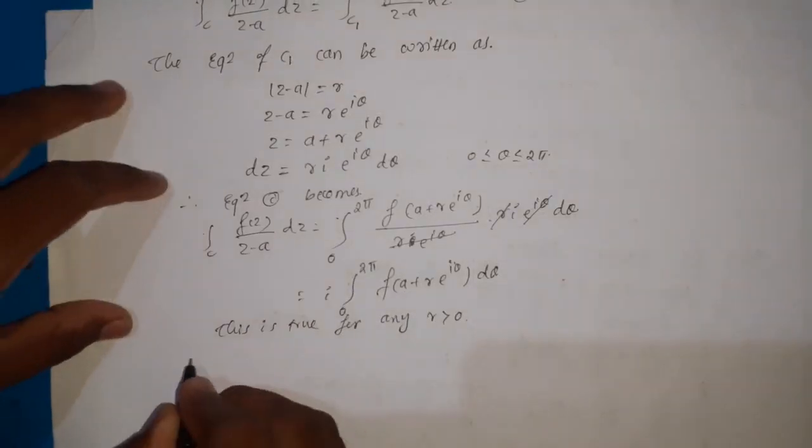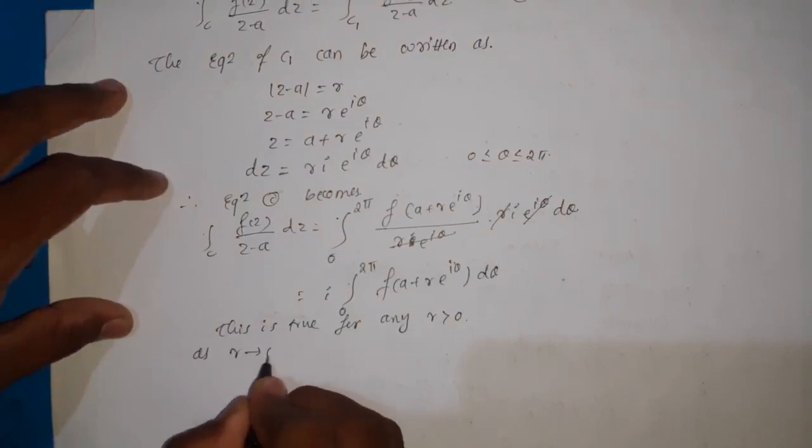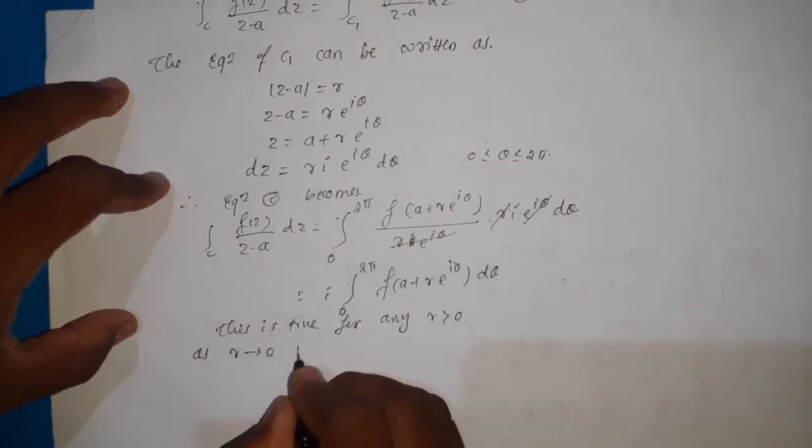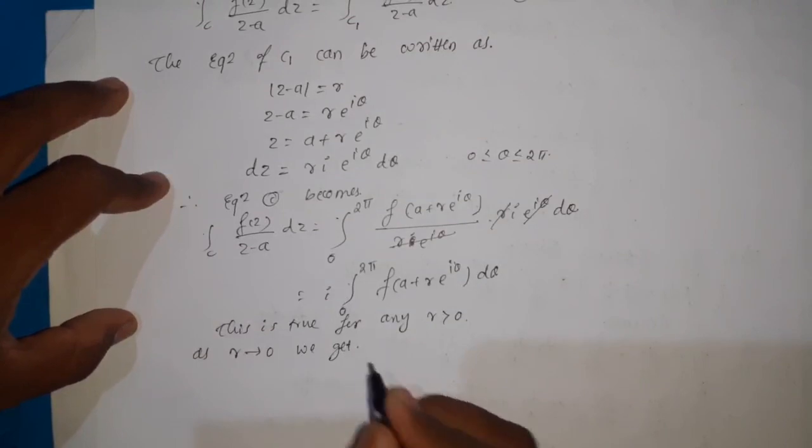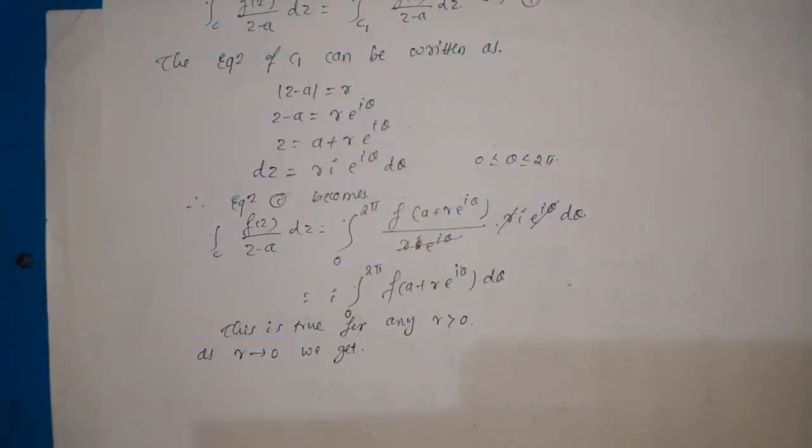Now as r tends to 0, that circle becomes the point a itself, because there is no distance from a to the circumference of the circle. If the radius becomes 0, the point a itself is the circle.